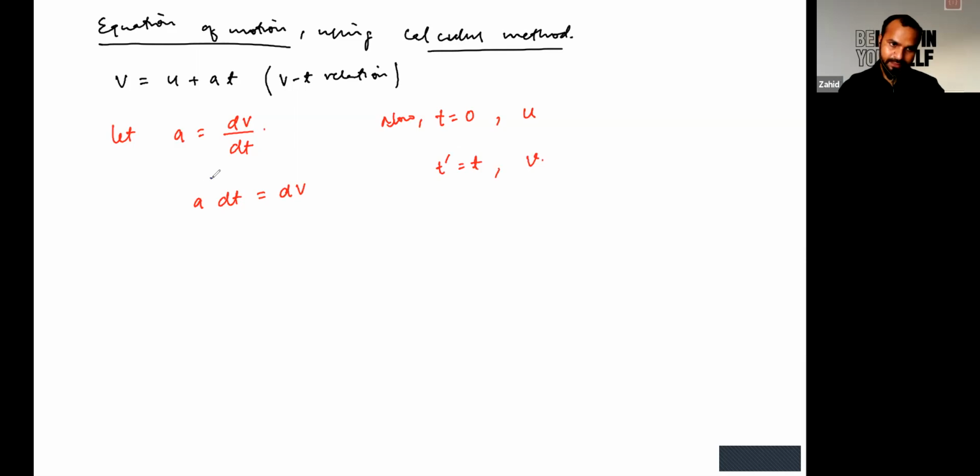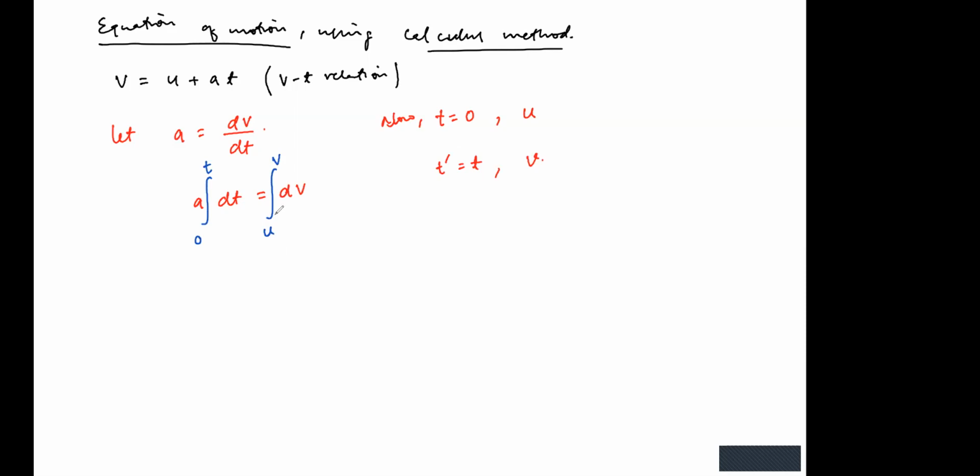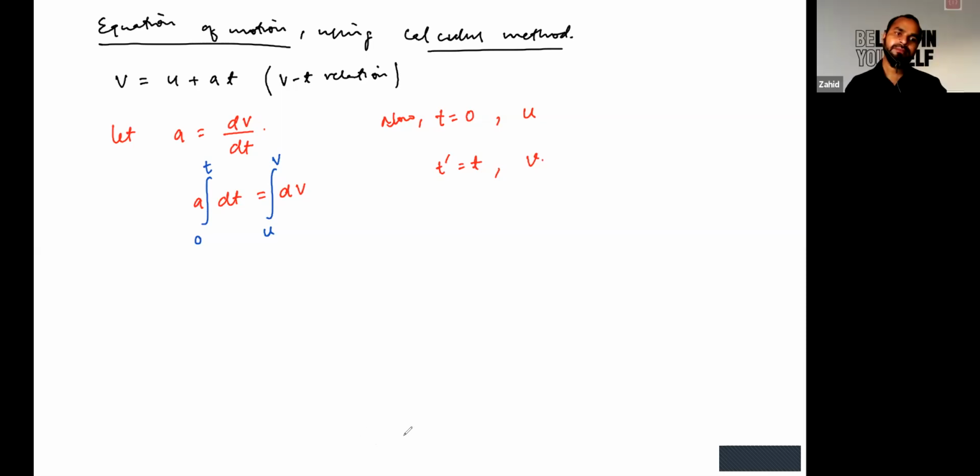So on integrating this function, at time t equals 0, the velocity is u, and at time t equals t, the velocity becomes v. This is how we define the limits of a function. Is it clear to everyone? Yes, sir. Hiba, any doubt? No, sir.